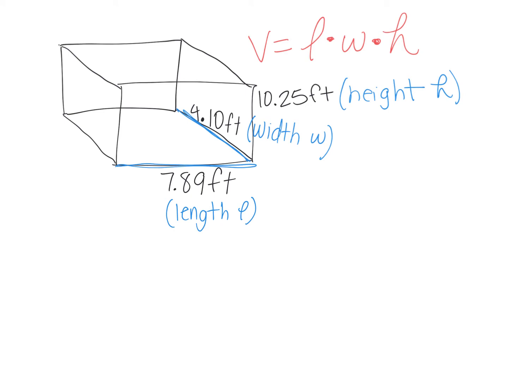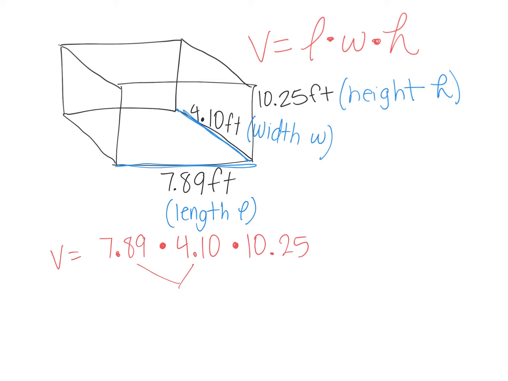So now I'm just substituting in V equals 7.89, that's my length, times, and I'm using a dot for multiplication, we're not using any X's, times my width, W, which was 4.10, times my height, which was 10.25. This is all being measured in feet. So now I'm going to calculate these three. I'm going to start with just my first two numbers.